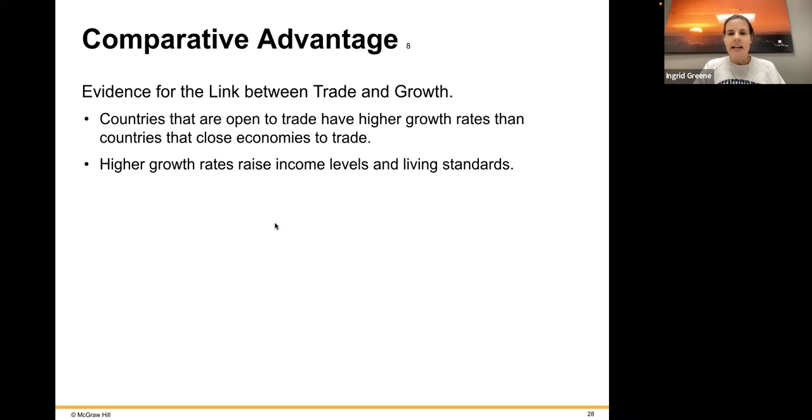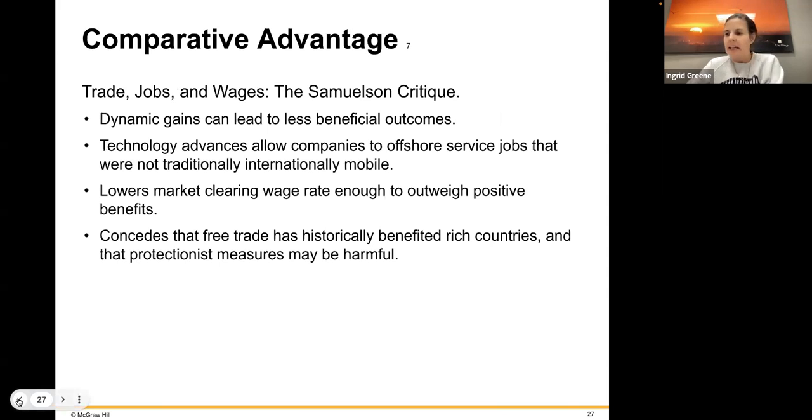And so the last slide here speaks to the evidence for the link between trade and growth. But I did want to say on this previous slide that it concedes that free trade has historically benefited rich countries, and that protectionist measures may be harmful.